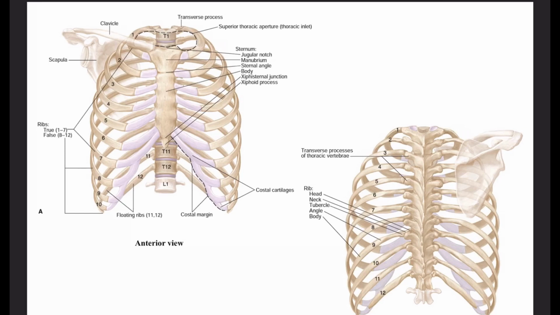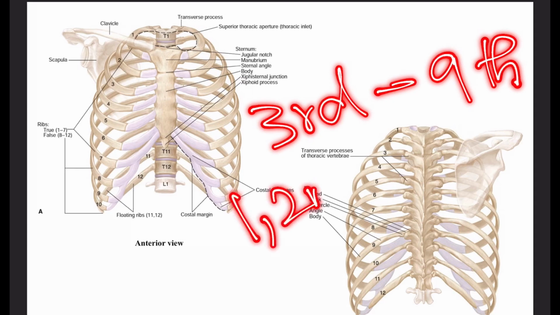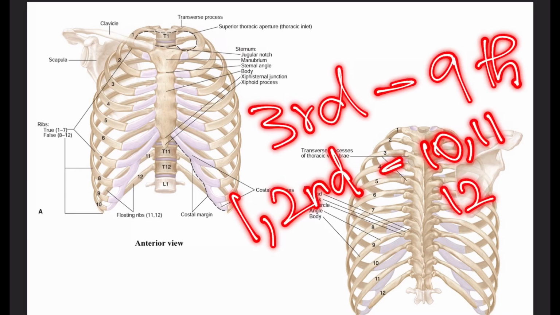Atypical is just the opposite of typical. So what are the typical ribs? 3rd to 9th ribs are typical ribs, and atypical ribs are the 1st rib, 2nd rib, and 10th, 11th and 12th ribs.